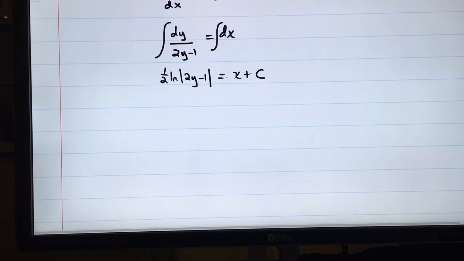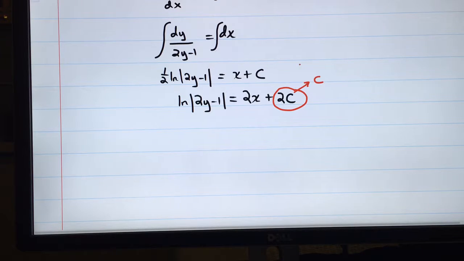And if I just double both sides, I have the natural logarithm of the absolute value of 2y minus 1 is equal to 2x. Just keep in mind, we have 2x plus 2c, but again, constant times a constant is still going to end up as a constant.